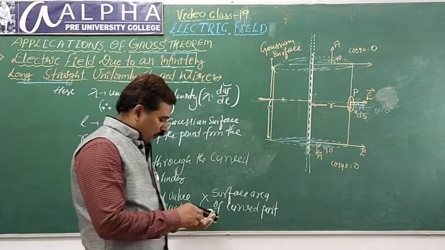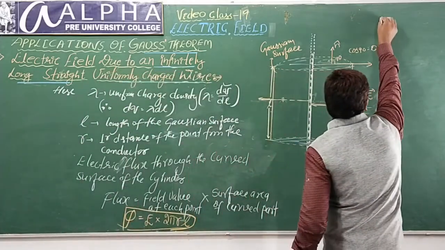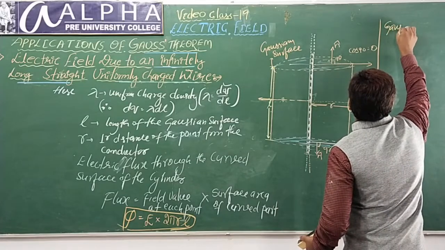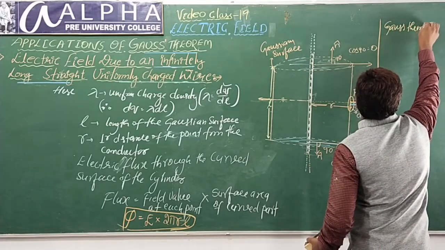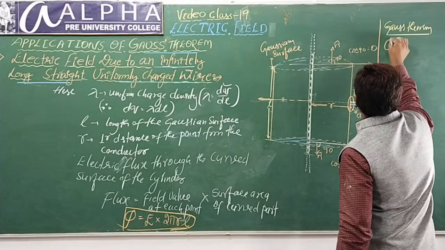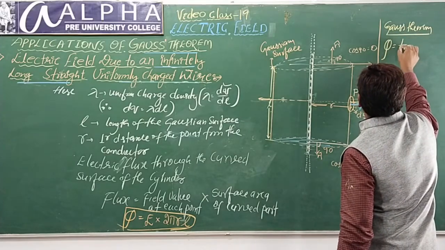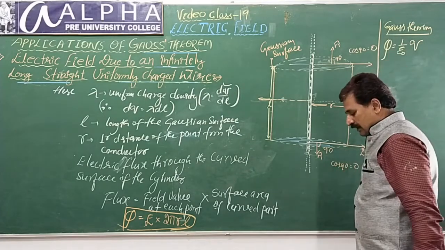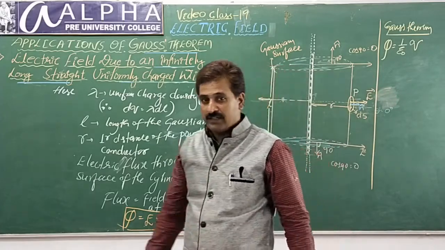Now you have to use Gauss theorem. What is Gauss theorem? We know electric flux phi equals 1 by epsilon 0 times the charge enclosed.